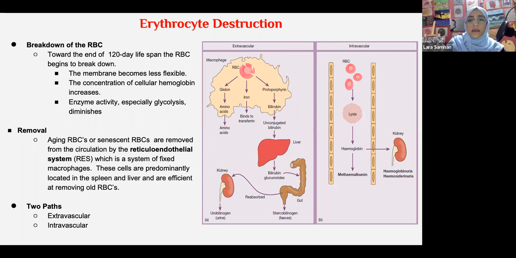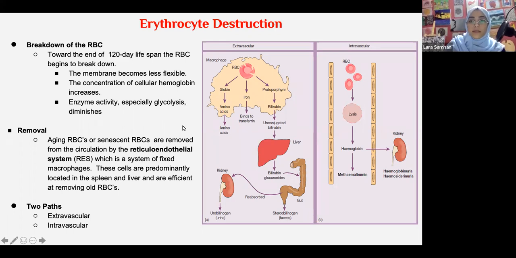As we said, the membrane is going to get less flexible and more fragile. The anaerobic glycolysis, which ends up producing 2 ATP, is going to decrease. So it's going to have less energy, and the red blood cell is almost about to die. Those are the things that happen to the RBC at the end of 120 days, the average lifespan of an RBC.